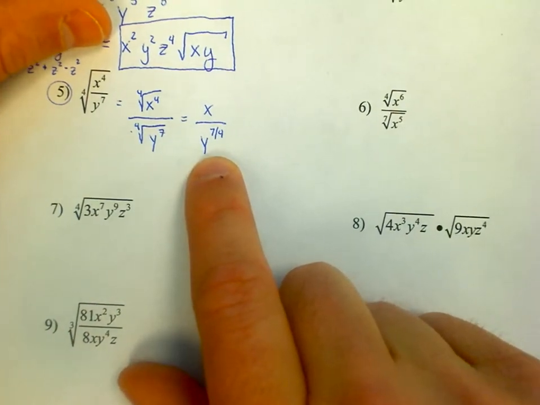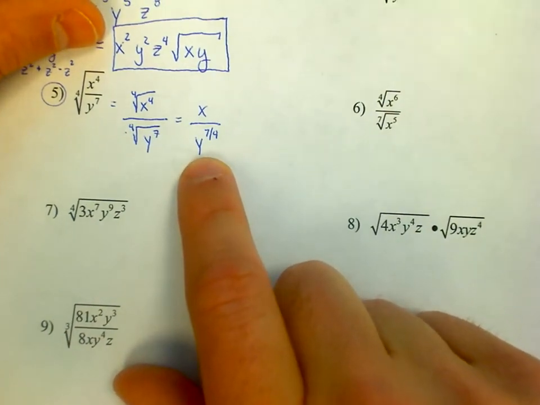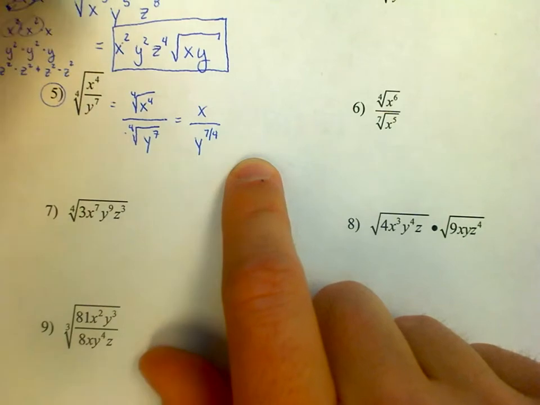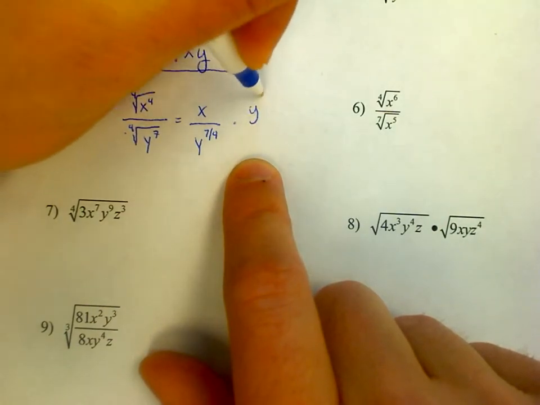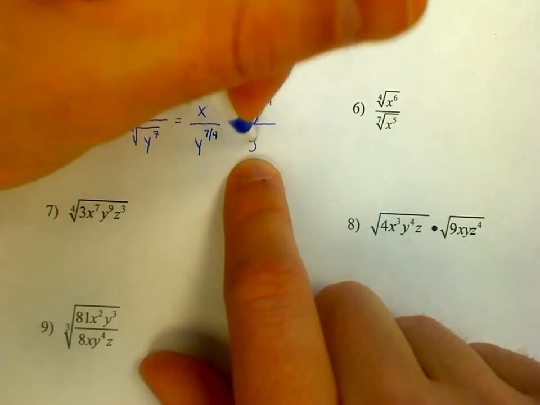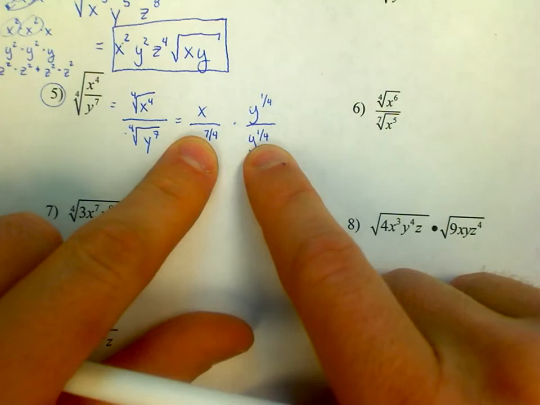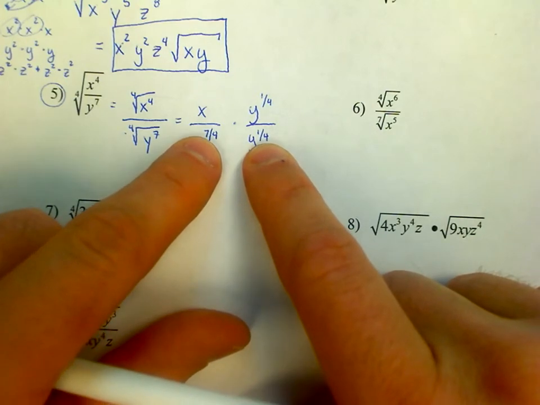I want to try something here, ready? 8/4 would be y squared. In order to get from 7/4 to 8/4, I would need one extra fourth. So I'm going to multiply both the top and the bottom by y to the 1/4 power. I chose that because 7/4 and 1/4 add up to 8/4, and 8/4 is 2.